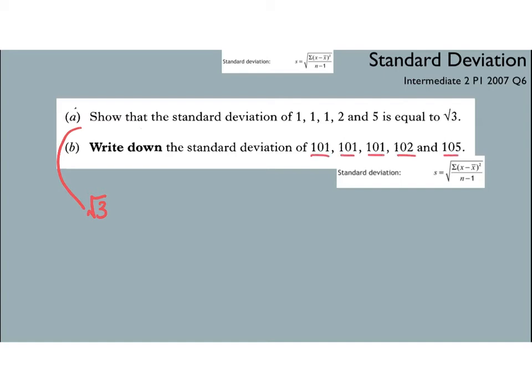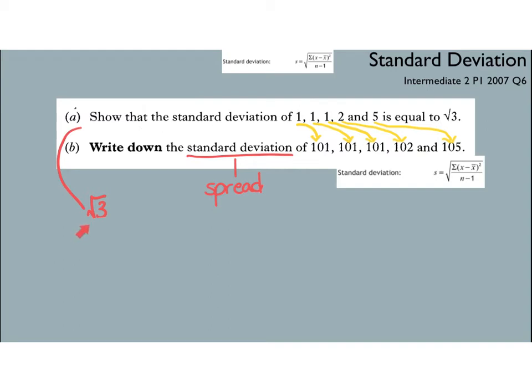Now this is where it's important that you remember that standard deviation is a measure of how spread out the numbers are. So if you notice, if you take that, add 100, take that, add 100, take that one, add 100, take that one, add 100, take that one, add 100. Now what you don't want to do is to take your standard deviation from here and add 100.